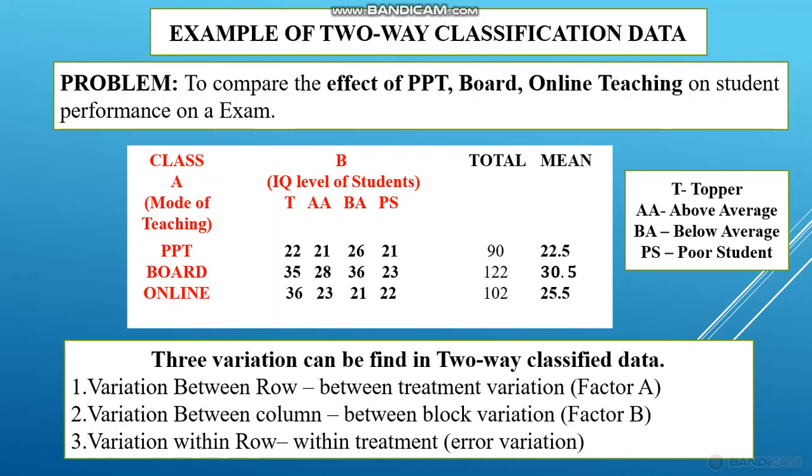In this we can compare both the treatment variation and the block variation. The block will be homogeneous. The block is the column, so each column is homogeneous.